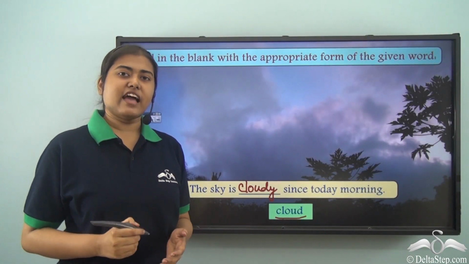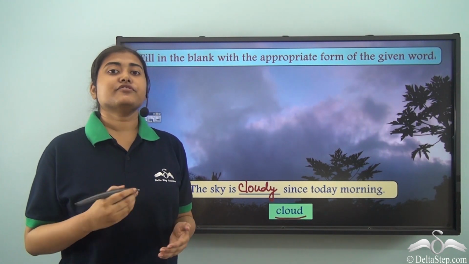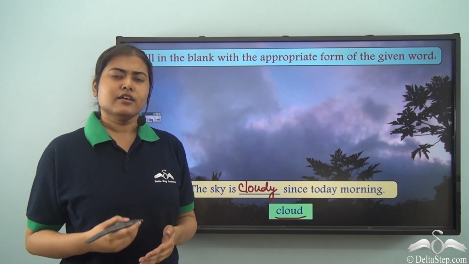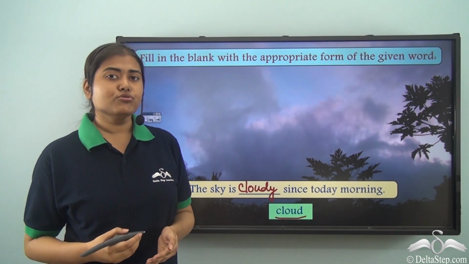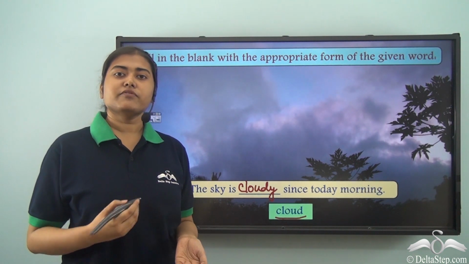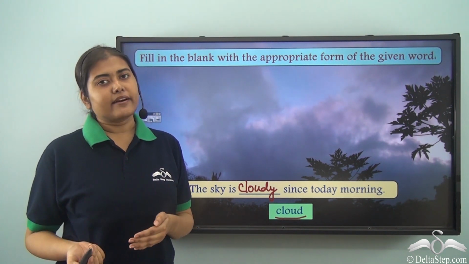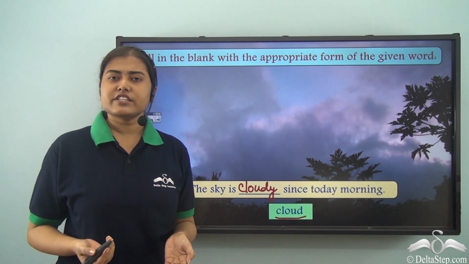So today we have learned about the different suffixes and the different functions of the suffixes. So in cases they can be used to form the plurals of nouns or the singular forms of verbs. At times we can use them to form the comparative or the superlative degrees of adjectives.